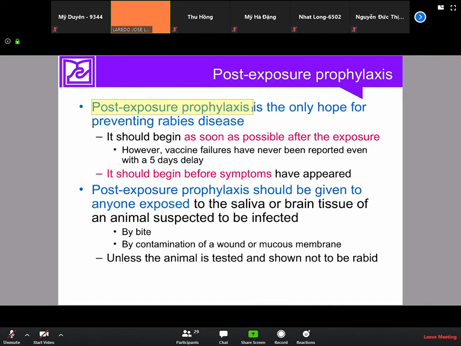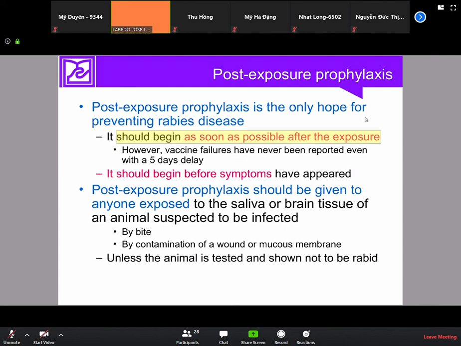Post-exposure prophylaxis should be given as soon as possible after exposure. We should give it before the viruses enter the local peripheral nerve, because if not, the patient may suffer rabies and they will die.